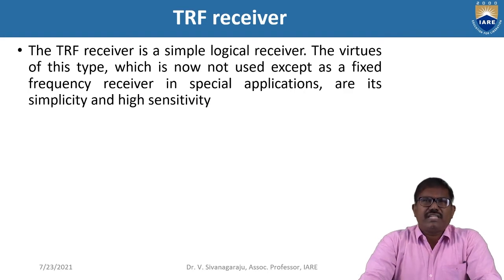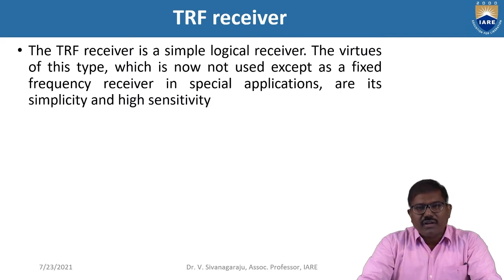The TRF receiver is a simple, logical receiver. The virtues of this type, which is now not used except as a fixed frequency receiver in special applications, are its simplicity and high sensitivity.